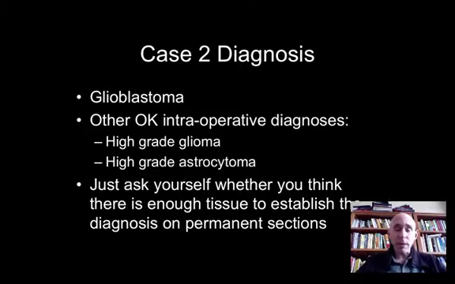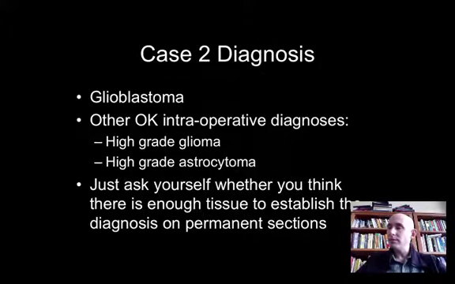Just as a quick aside, remember, there are only 3 flavors of infiltrating astrocytoma that sort of terminate in glioblastoma, our most common diagnosis in adults in infiltrating tumors. Diffuse astrocytoma is WHO grade 2 and has no mitotic activity, but is nevertheless infiltrating. Anaplastic astrocytoma is WHO grade 3 and has mitotic activity.